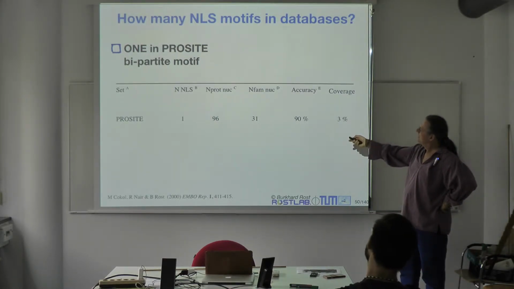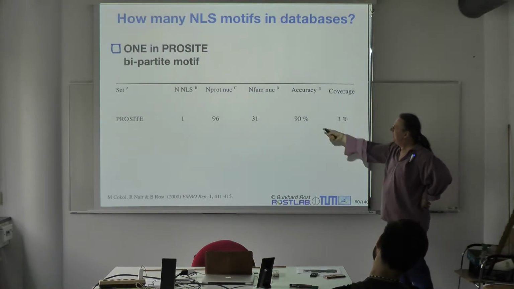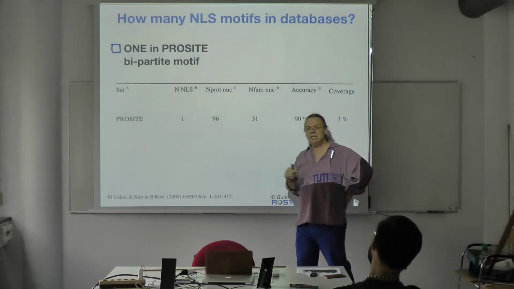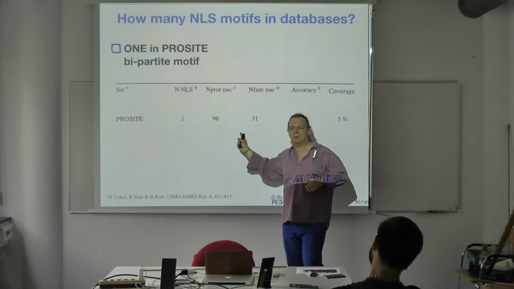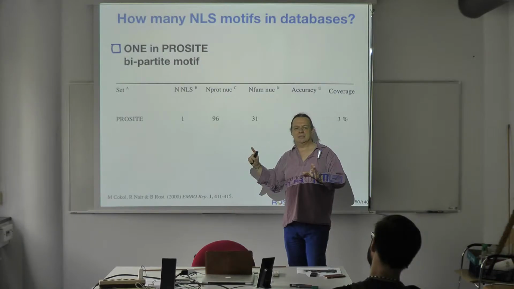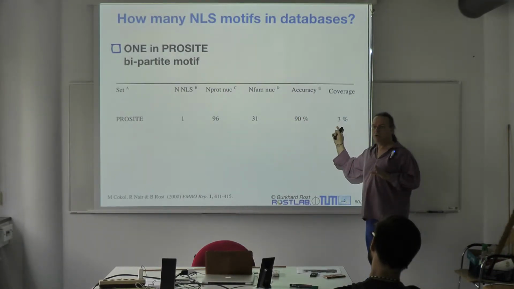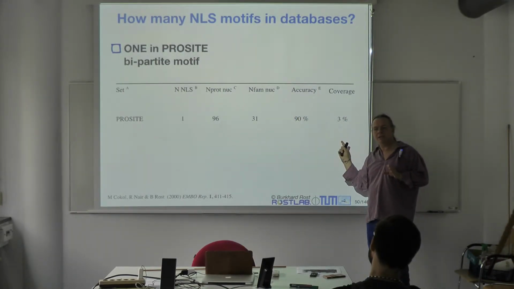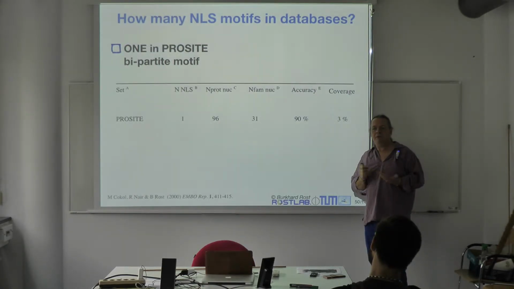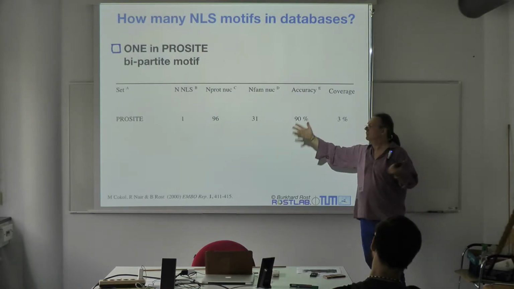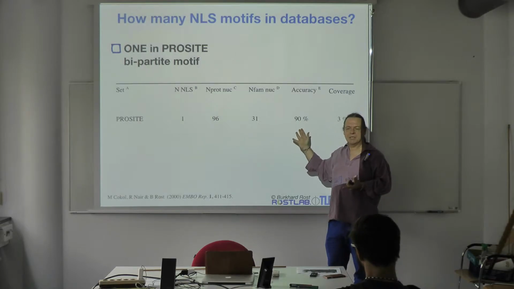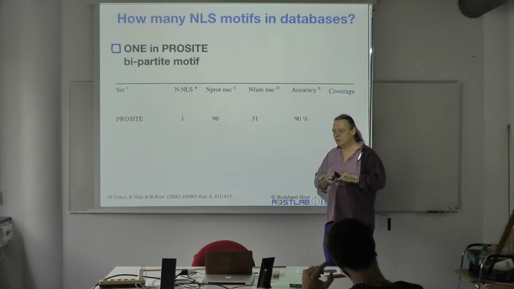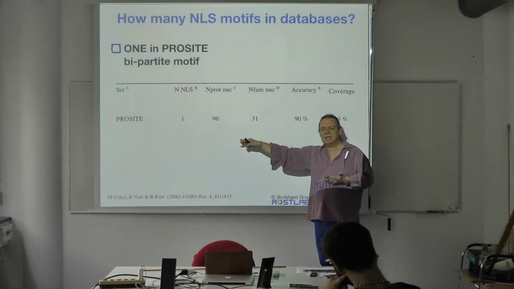They had an accuracy of 90%, meaning that 10% of the proteins in which it matched were known not to be nuclear at the time. And of all the proteins that were known to be nuclear at the time, it matched in 3%. So you may say 3% is a small number, 90% is a fairly high number.